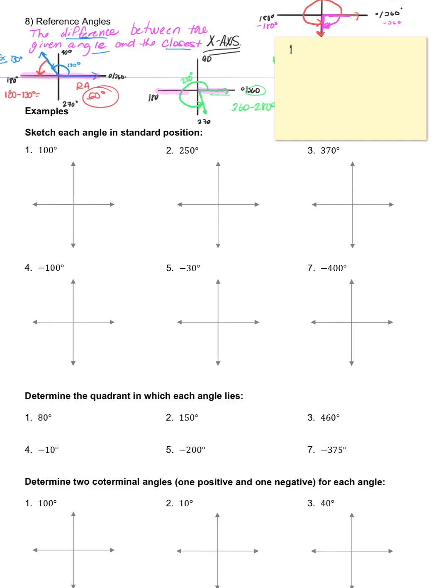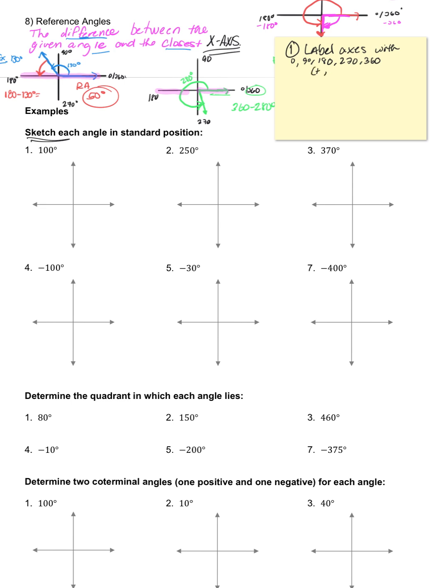So page 2 for notes, and we're going to sketch examples in standard form. In standard form angles, there are 3 or 4 requirements, however you want to count them, that I expect when we sketch an angle. Number 1, label the axes in degrees: 0, 90, 180, 270, and 360.